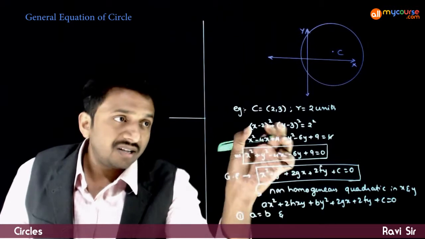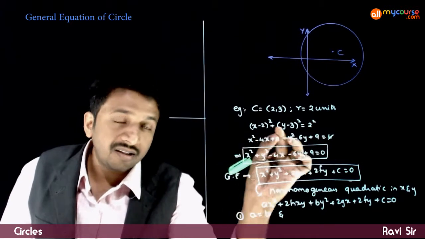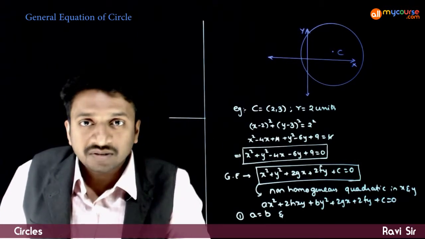So whatever standard form you expand, you'll never get any xy term because there is no coupling of x and y terms.